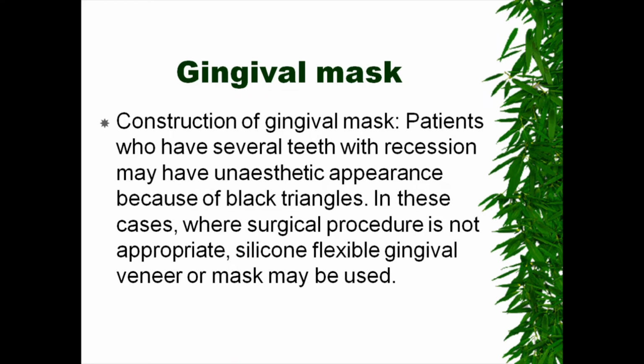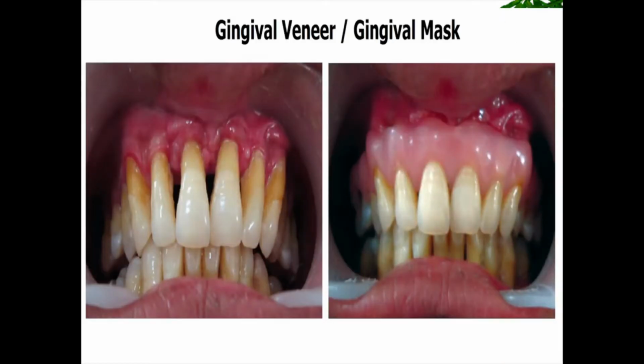The gingival mask is recommended to patients in whom multiple gingival recessions are there, and if black triangles are there. Also in cases where surgical treatment is contraindicated, then we can go for a flexible silicone gingival mask.